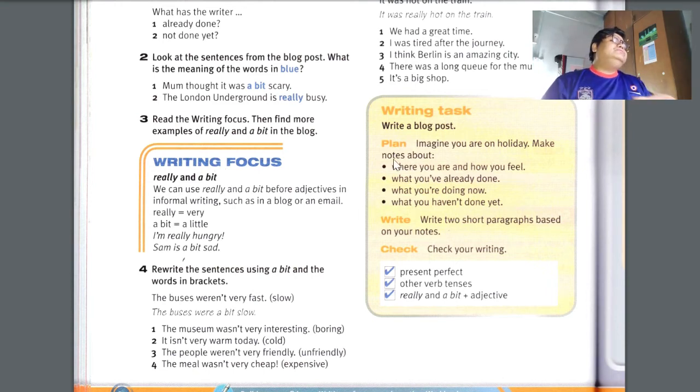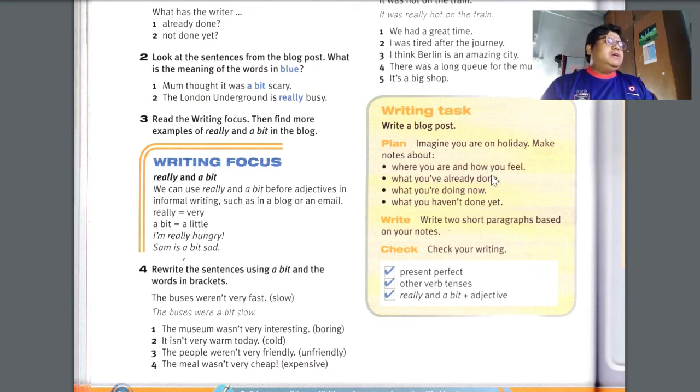Okay, so now in other words, it's just to make your writing more interesting. Okay, so now is the time for you to write your own essay. Okay, write a blog post. Plan. Imagine you are on holiday. Make notes about where you are and how you feel.